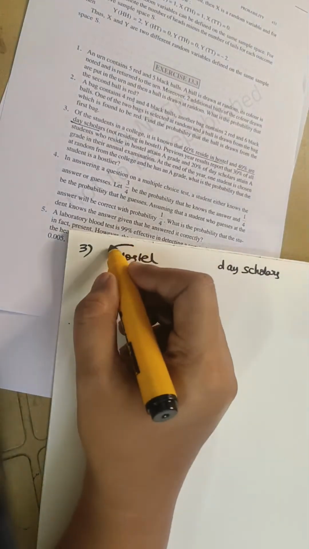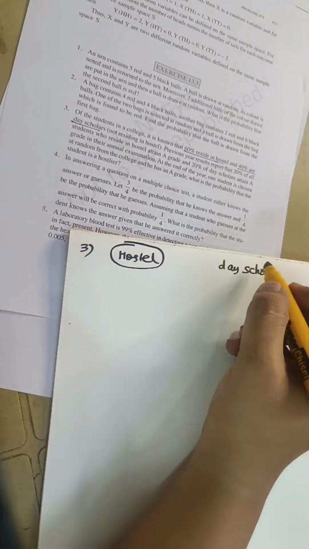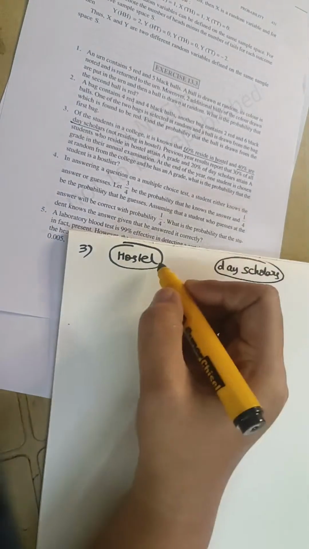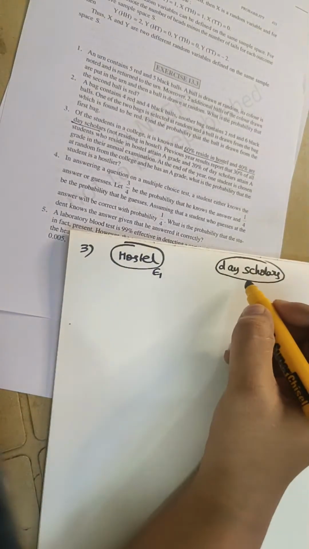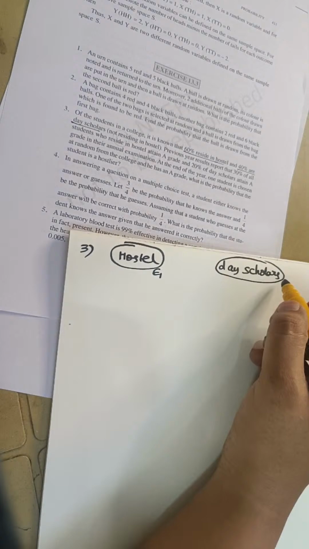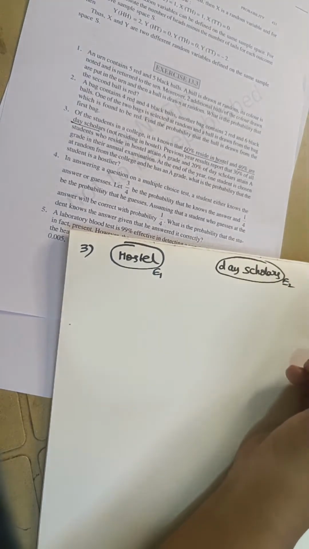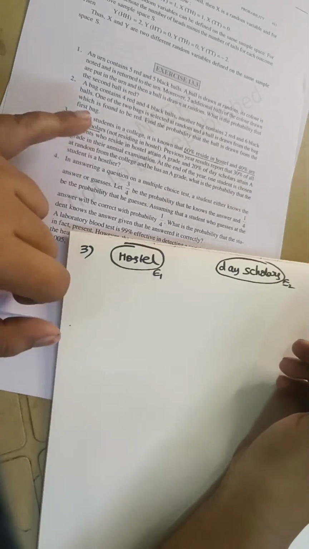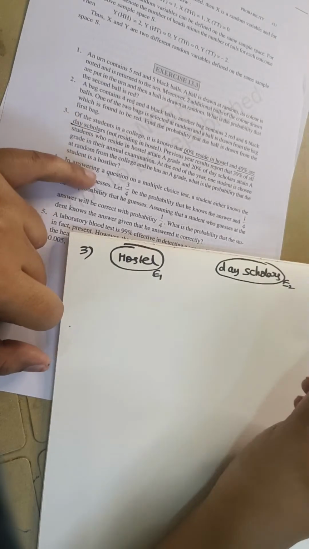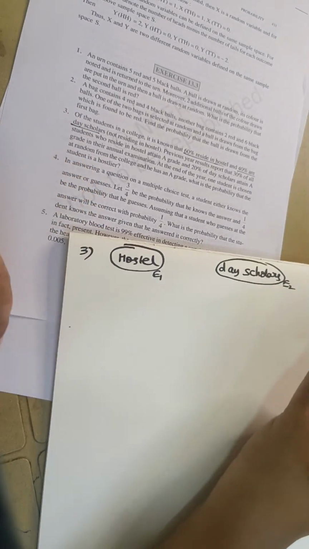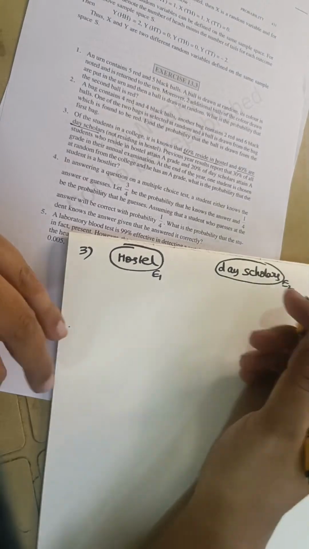So what will be the E1? E1 be the event that the student resides in hostel. E2 be the event that the student is a day scholar. This will be your events. And what is given? 60 percentage reside in hostel in a college.